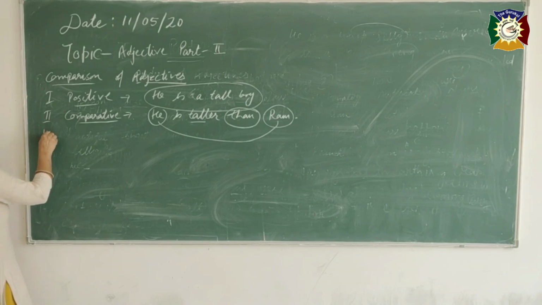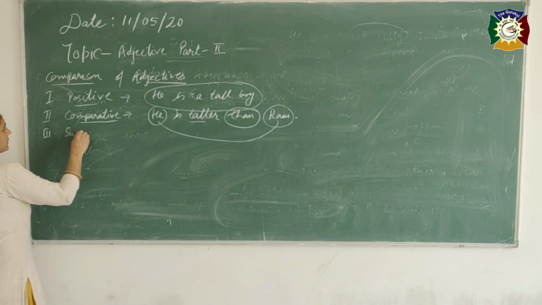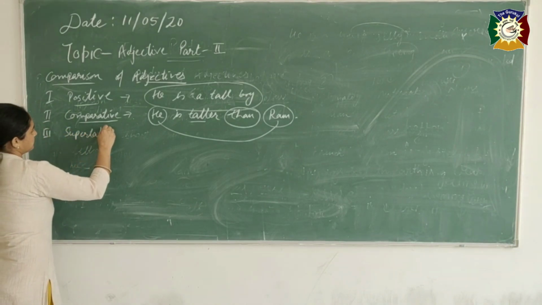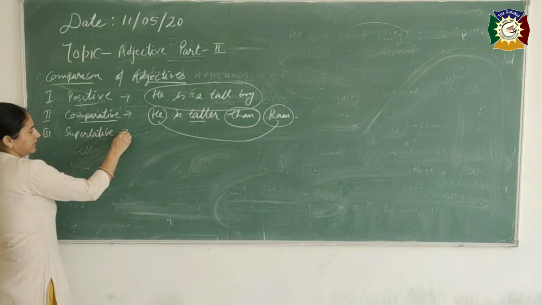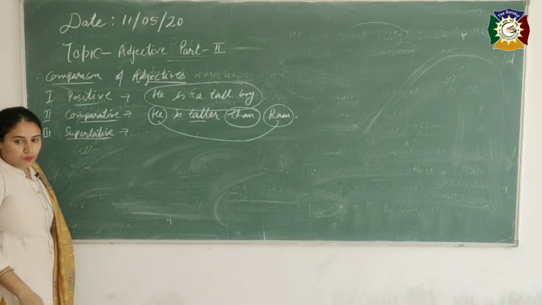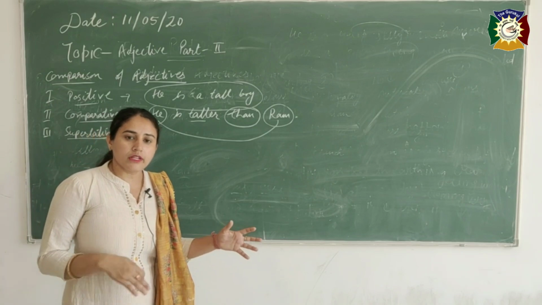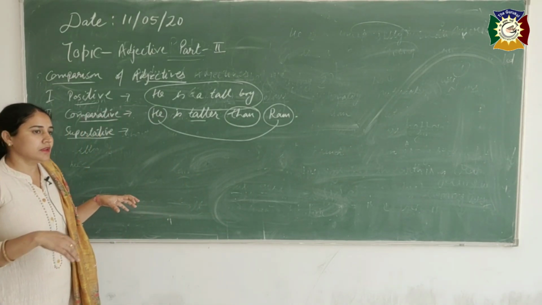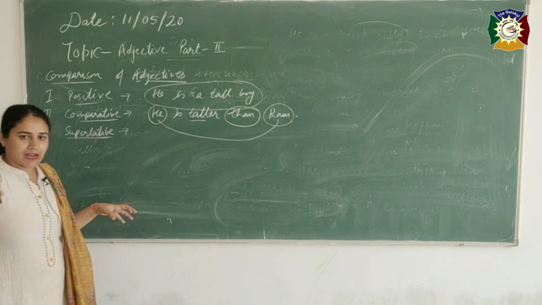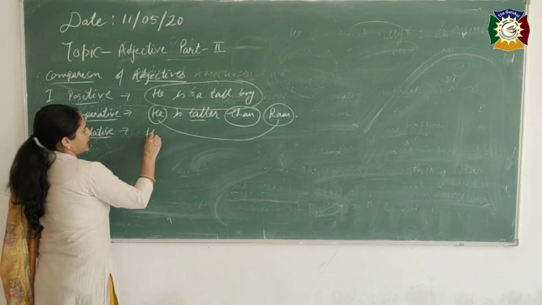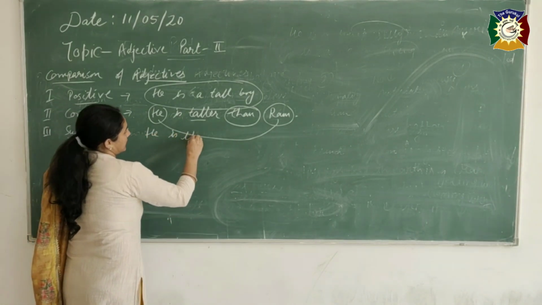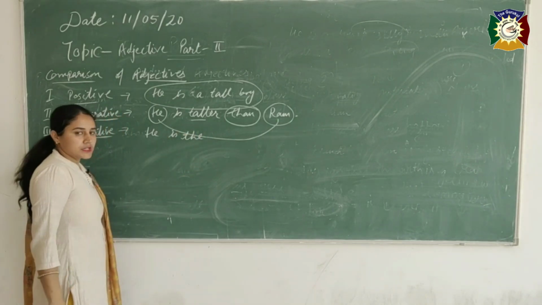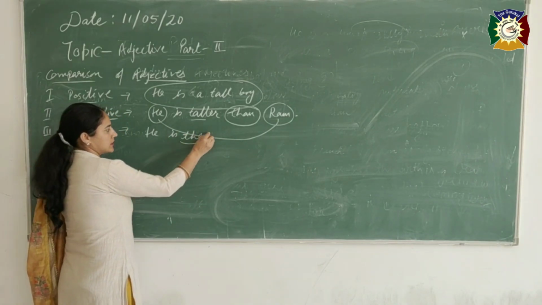And the third one is superlative. Superlative degree: in this particular case, we compare more than two. Means we are comparing one person with many persons, many things, many objects. Like he is the tallest. In superlative degree, we use the before that.